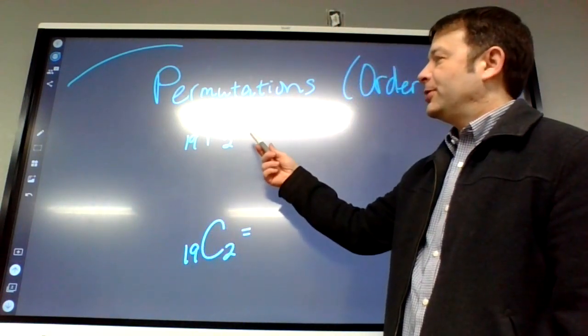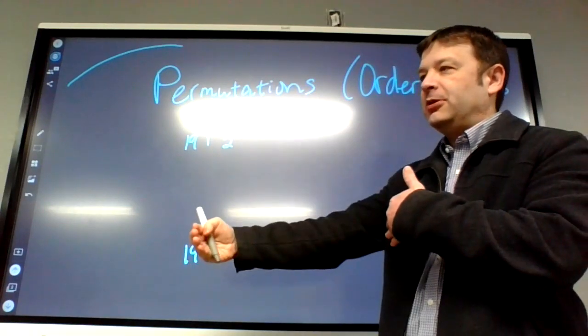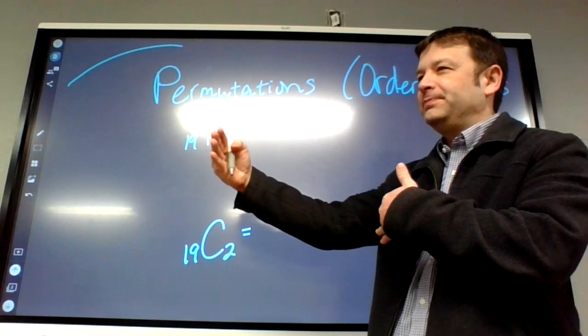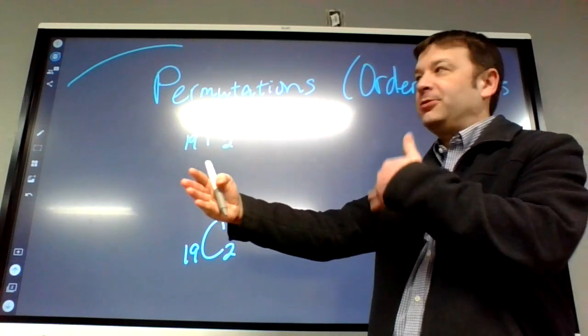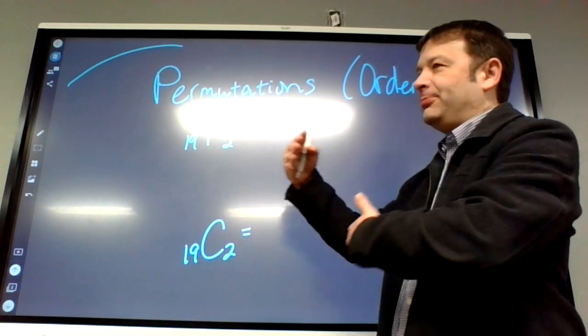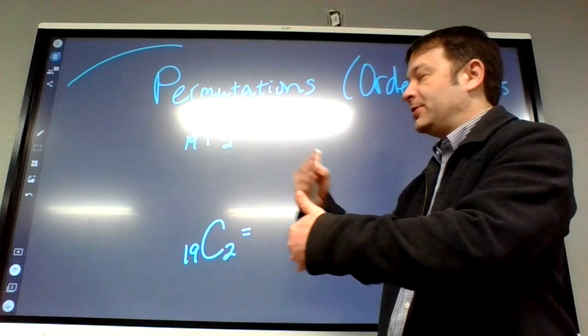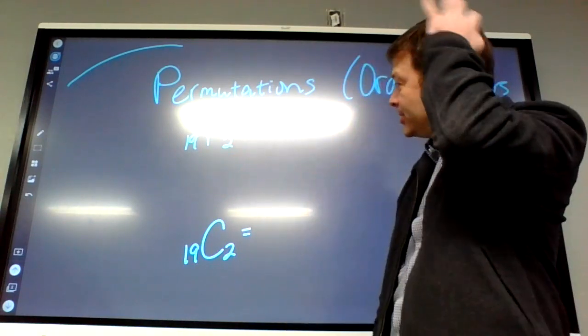Permutations should have more, because if Trey's president and Leo's vice president, or Leo's president and Trey's vice president, that would make a difference. But on combinations, it doesn't count any differently. So there's actually more permutations.